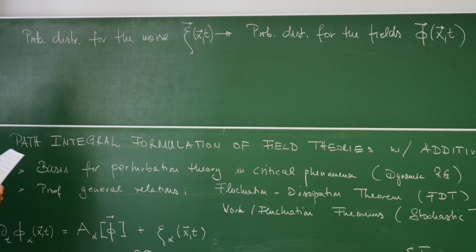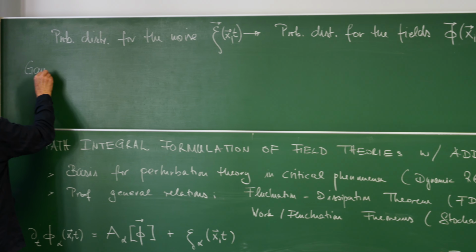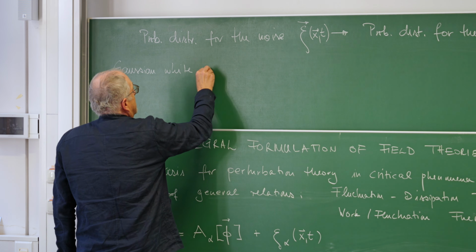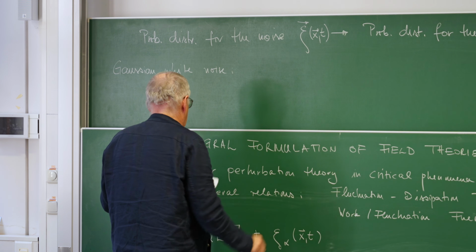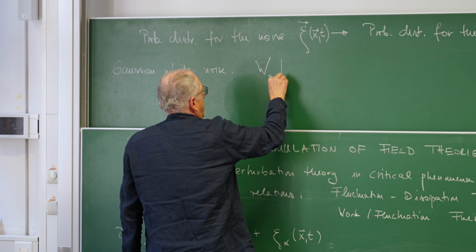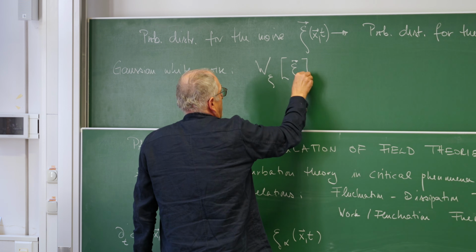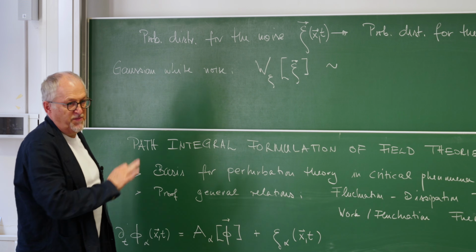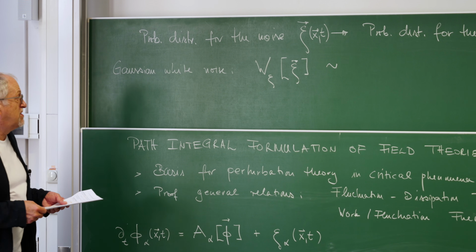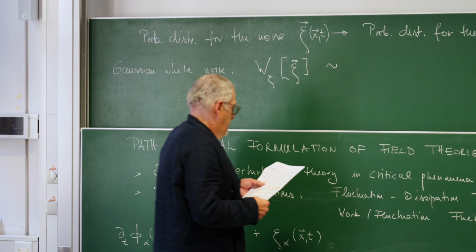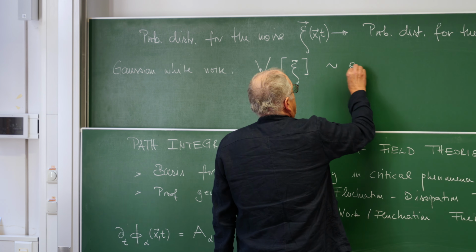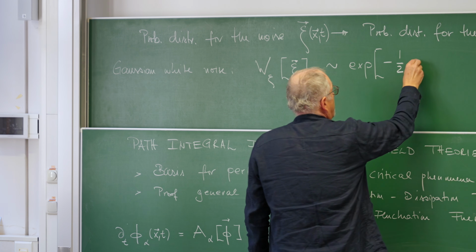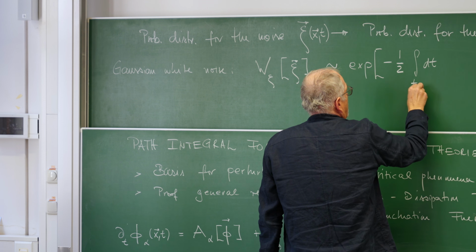That means our starting point will be the Gaussian white noise for our Langevin noise. Instead of correlation functions, we write a probability distribution function for our Langevin noise, which is some normalization constant that I don't care about here too much, because in the end we need to normalize it such that probabilities, when integrated, give 1. And what we have here is the usual Gaussian distribution with integrals over time. Note that this is over a time window.